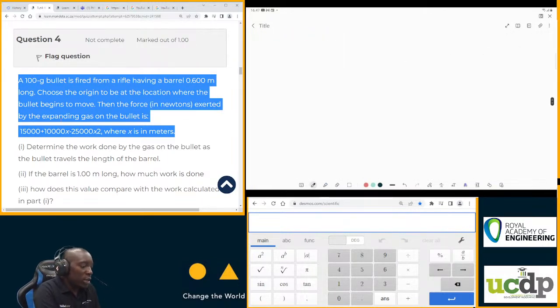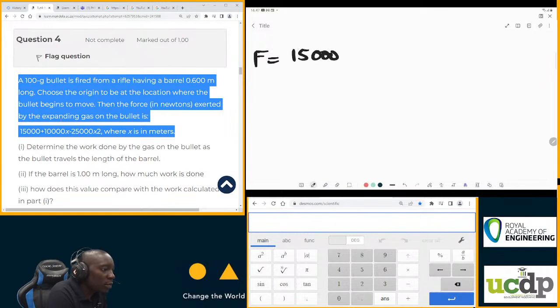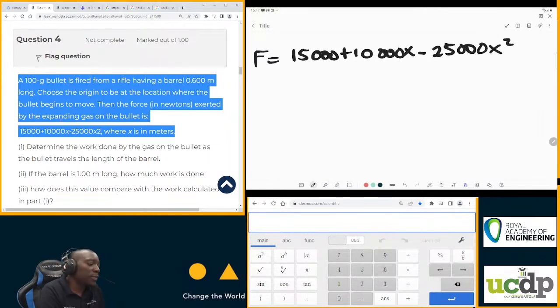So we're told that the force in newtons is equal to 15,000 plus 10,000 x minus 25,000 x squared.